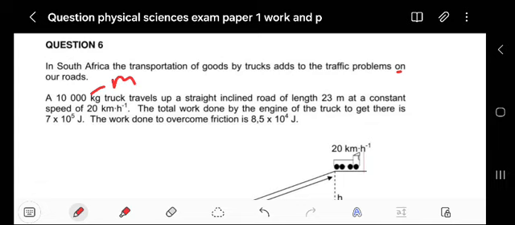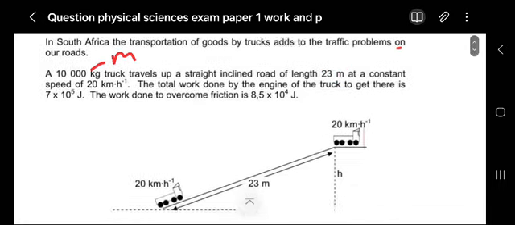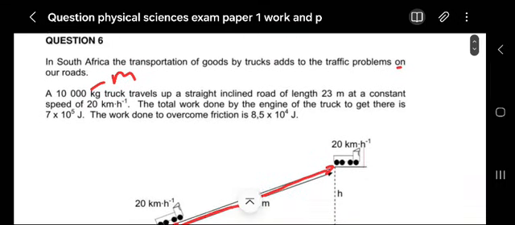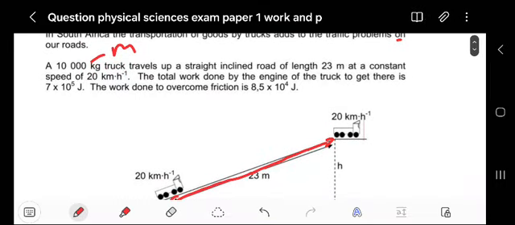We're given the length there, which is 23 meters. The truck travels this length at a constant speed, as you can see, at the constant speed of 20 kilometers per hour.